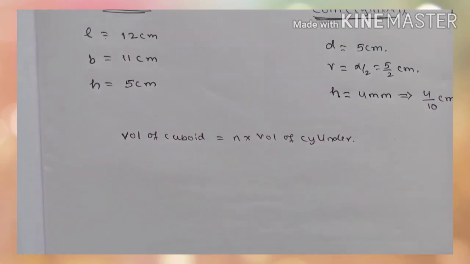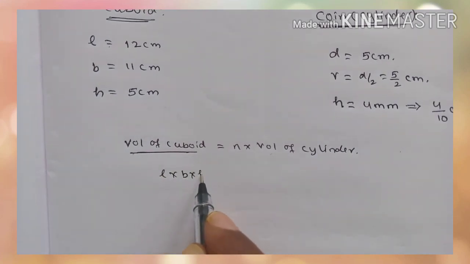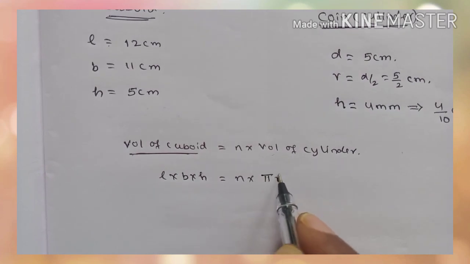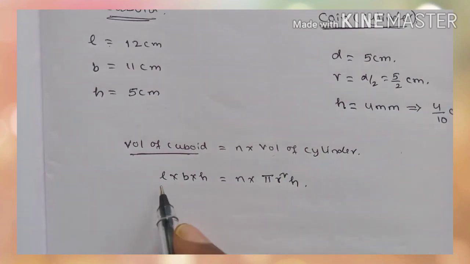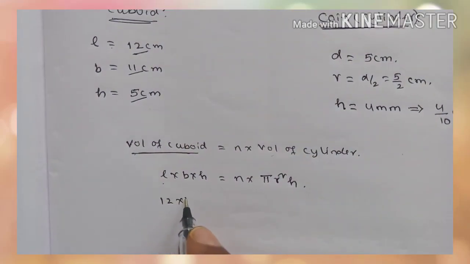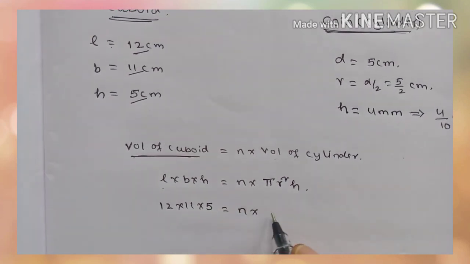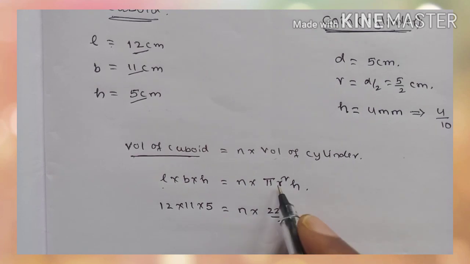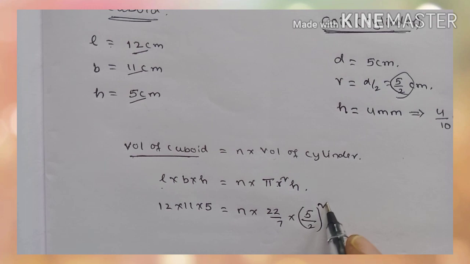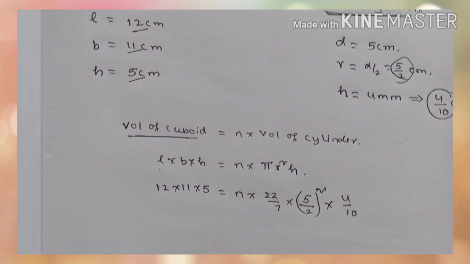Volume formula length into breadth into height, is equal to n into volume of cylinder, formula pi r square h. L B H are 12, 11, 5. So 12 into 11 into 5 is equal to n into pi value 22 by 7, radius 5 by 2 whole square, into h value 4 by 10.